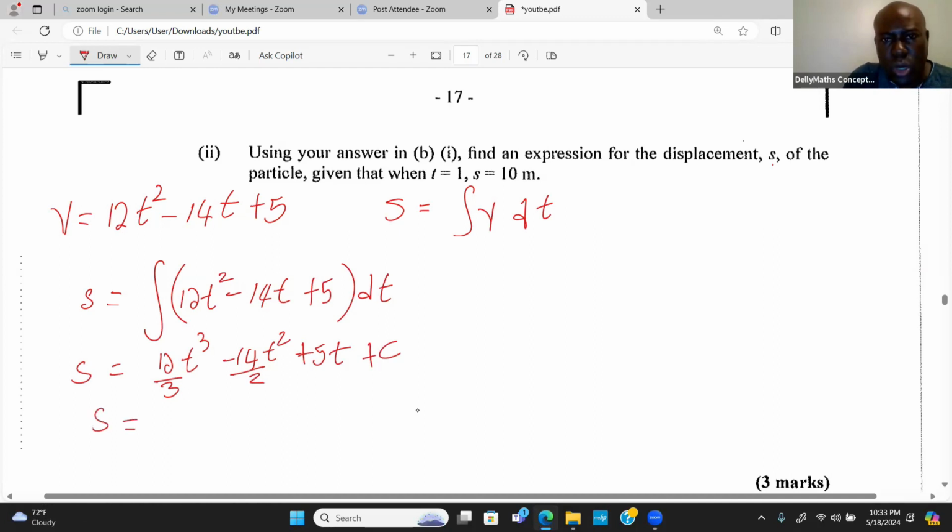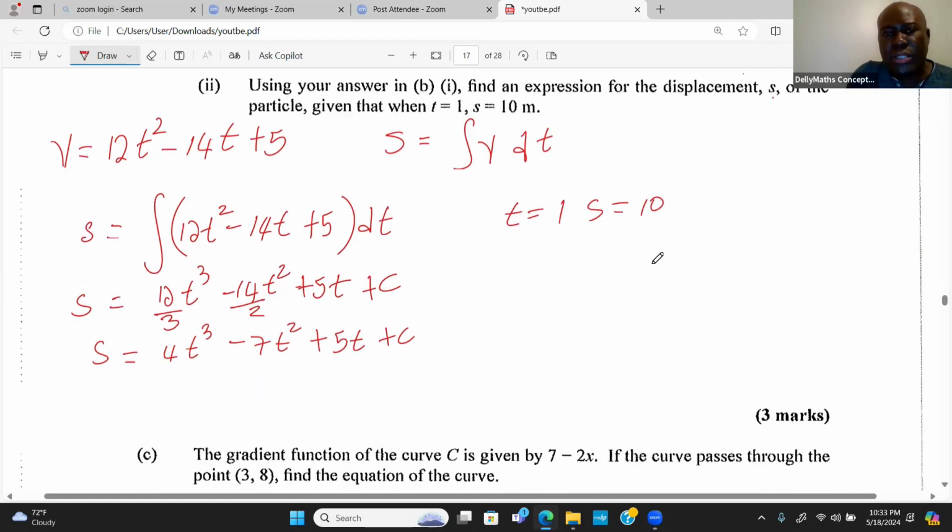Let's break this down. So s is equal to 4t to the third minus 7t squared plus 5t plus c. Now we're told that t is equal to 1 when s is equal to 10.